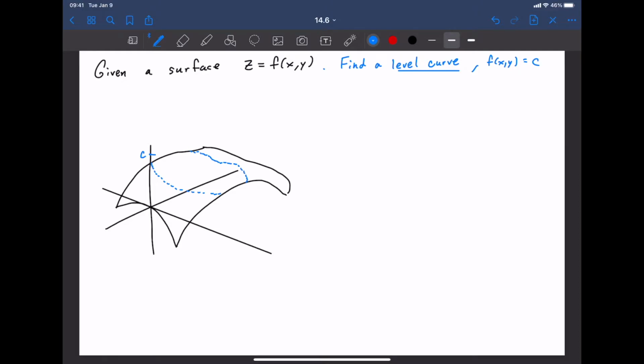So once we've set the z variable equal to c, we have a curve. That's why we're calling it a curve. It's no longer a surface. It is literally just this trace of points, like isotherms or areas on the map where the elevation is the same.